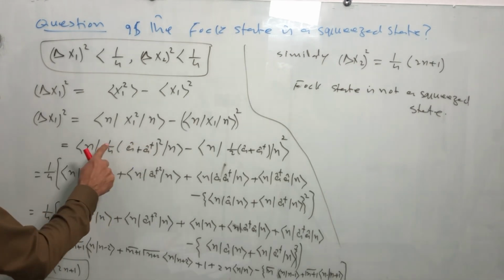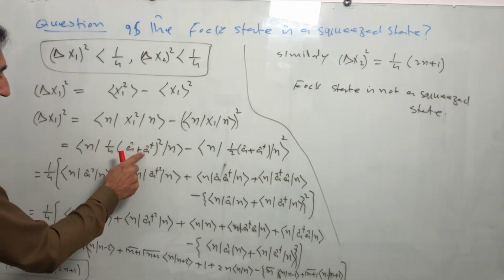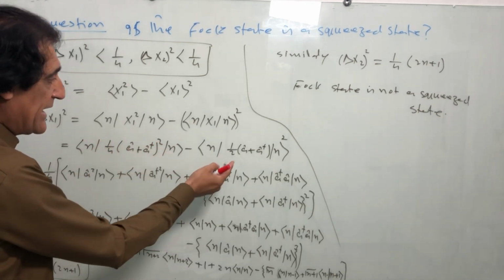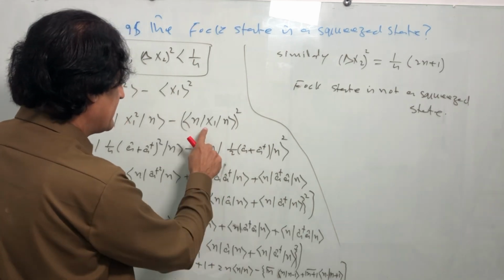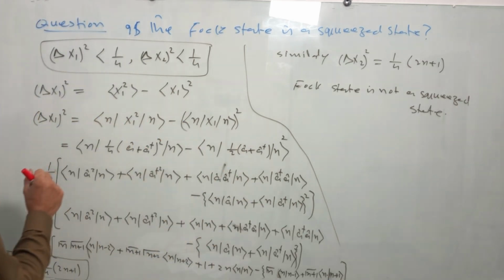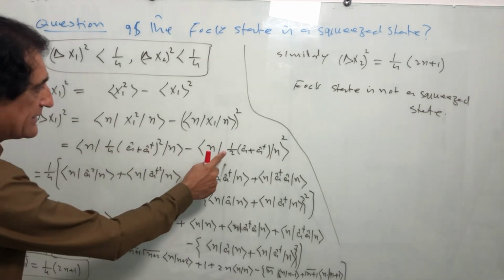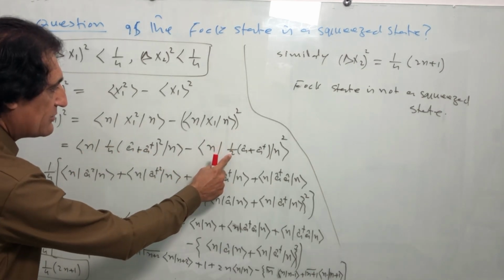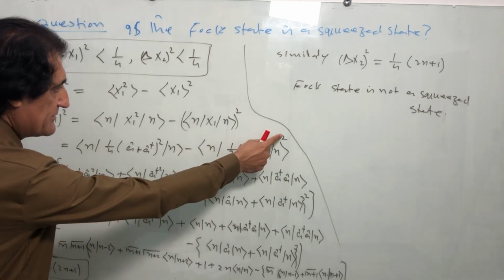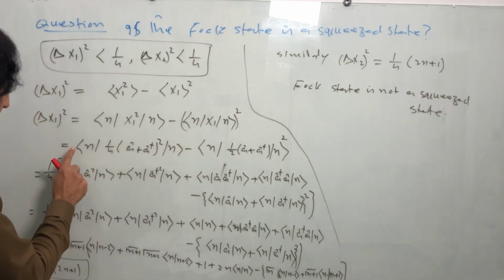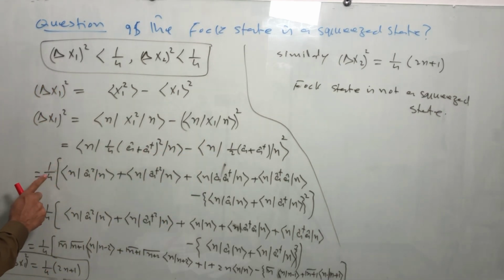So if we take the square, it is 1 over 4 times (a plus a dagger) whole squared, between n and n, and similarly for the value of x1. Now the 1 over 4 can be taken outside.